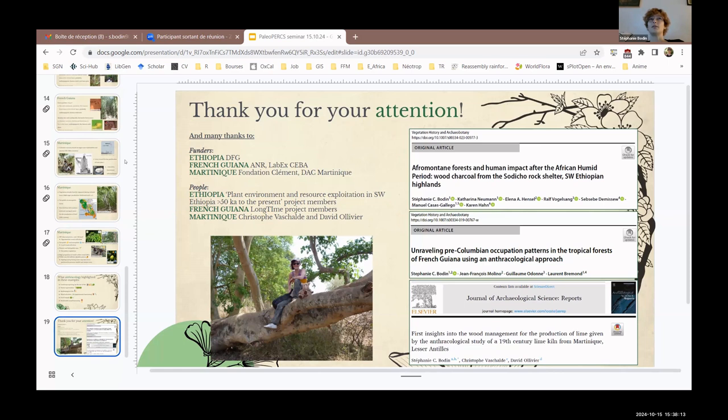The problem I had in French Guiana is that in some sites I had very few charcoal and I couldn't make any interpretation out of it. Or there were some sites with a lot of charcoal, but all the same, probably because we excavated in a place where there was a big trunk that was burnt. So we found the same thing all the time.